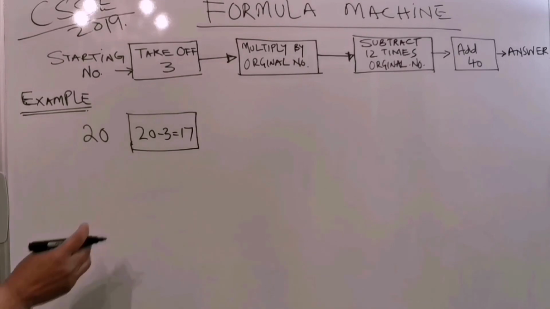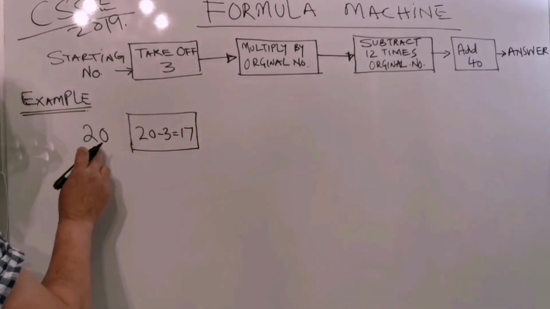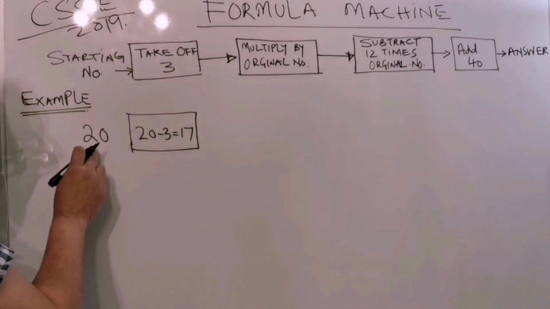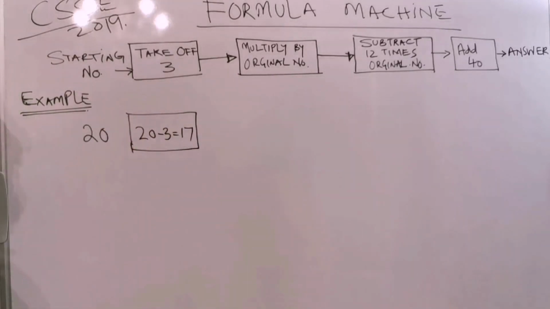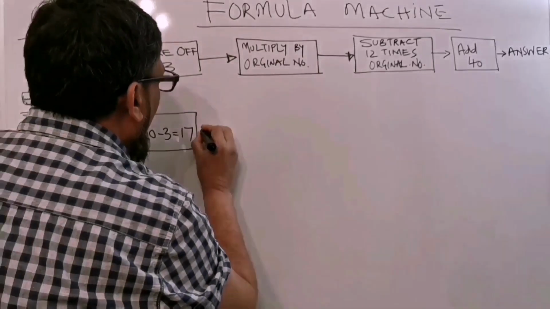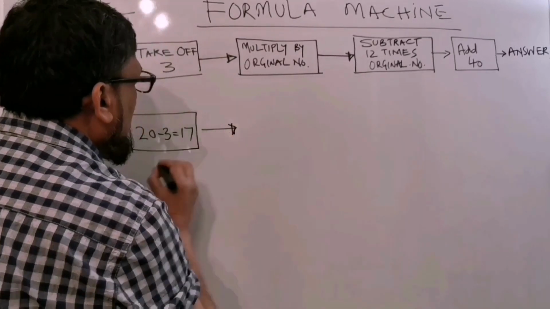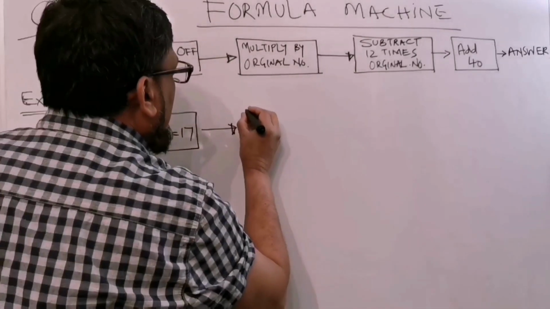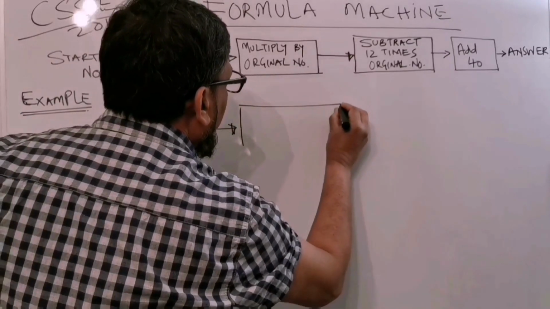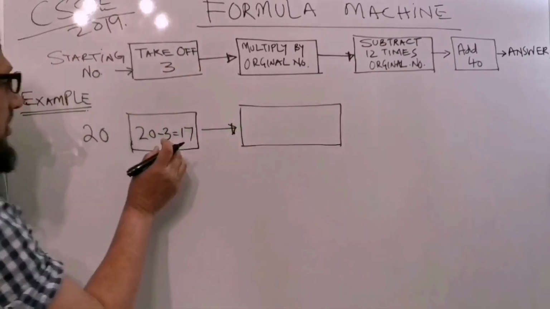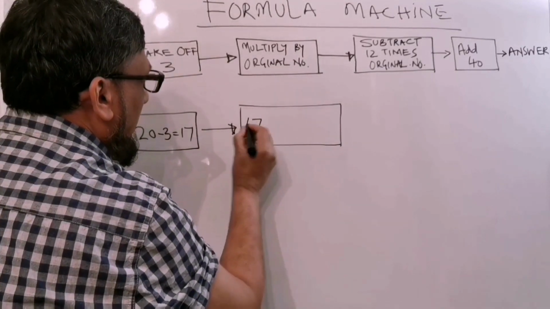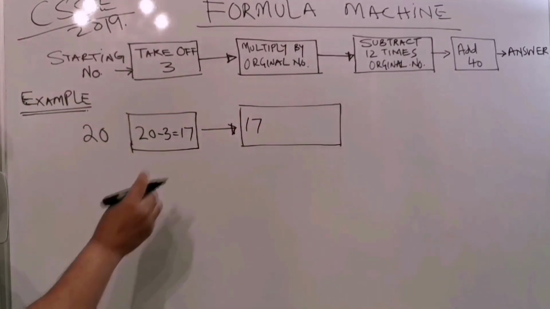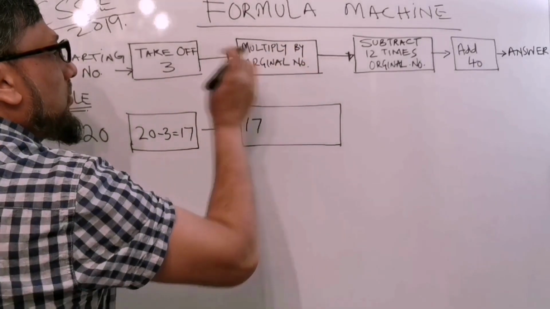So you take off 3 from the original number 20, which gives 17, and after that you process the answer 17 by multiplying by the original number.